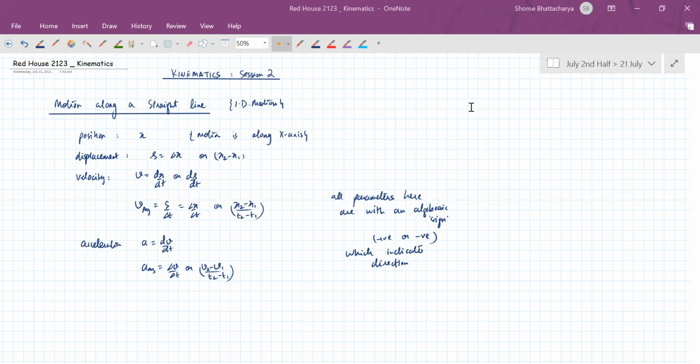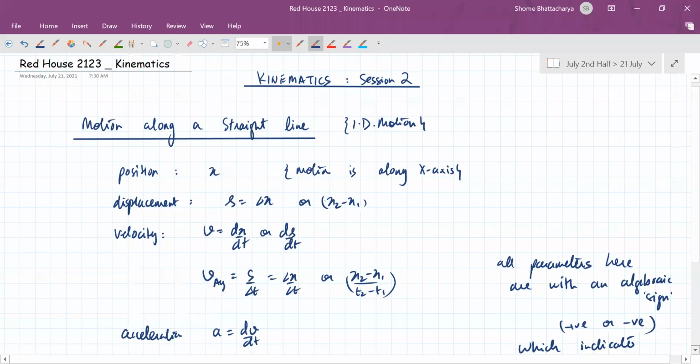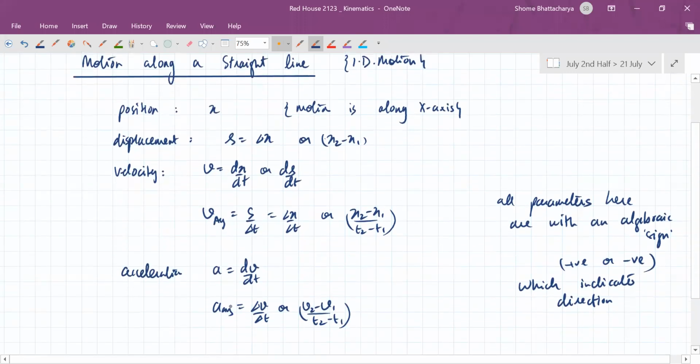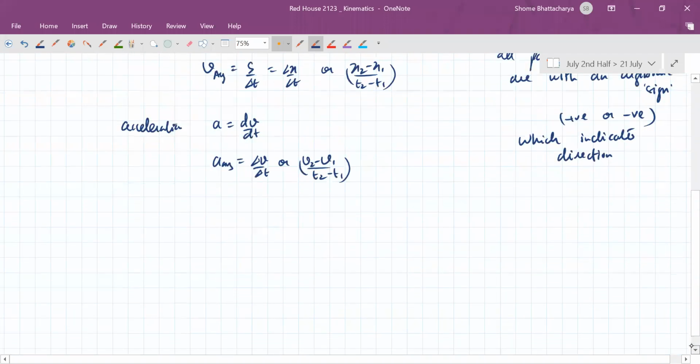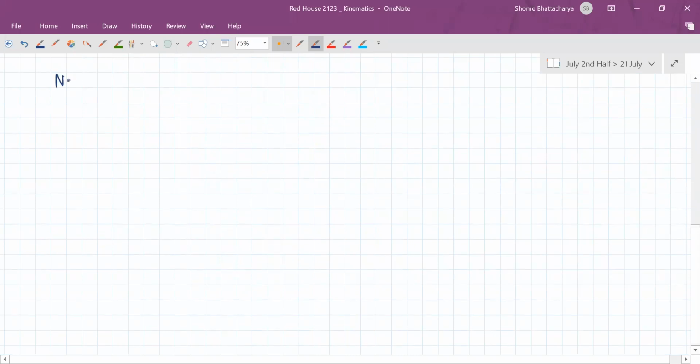Okay. Now today we will also see that these quantities which we have defined in terms of derivatives, or rate of change with respect to time, like instantaneous velocity, instantaneous acceleration, etc. We can also define the reverse of that equation in terms of integration. So first thing we'll see here is that the relationship between displacement and velocity, or position and velocity, is like this, that we say that velocity is rate of change of displacement.